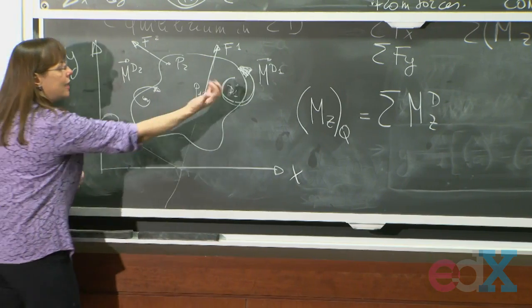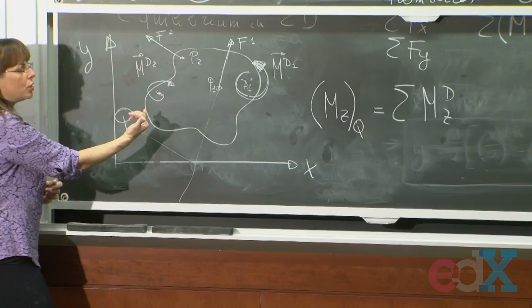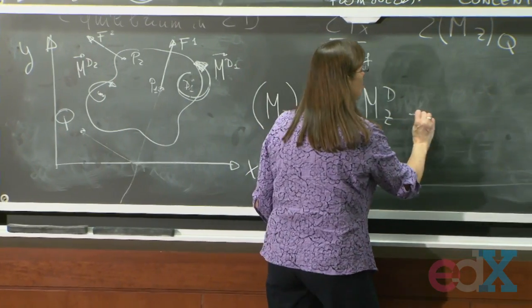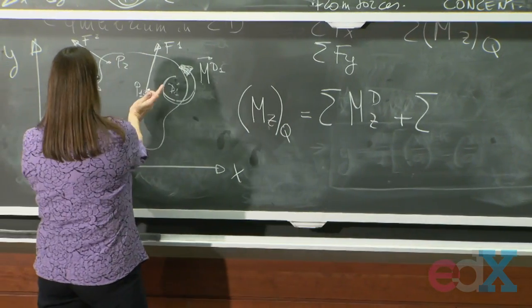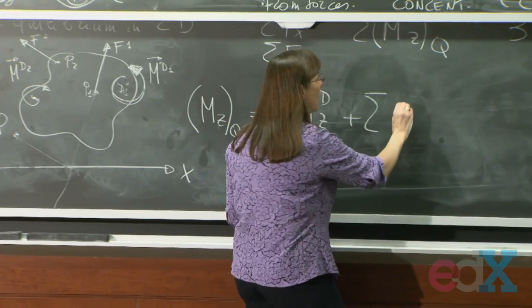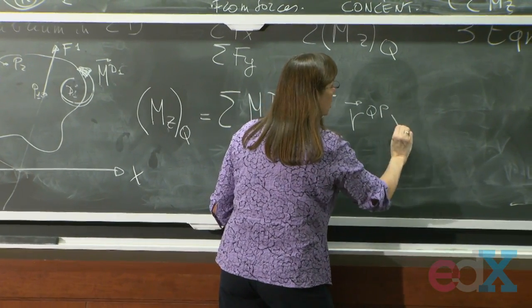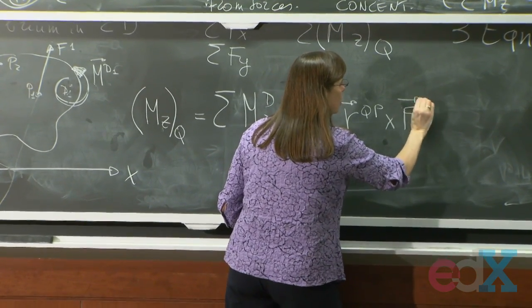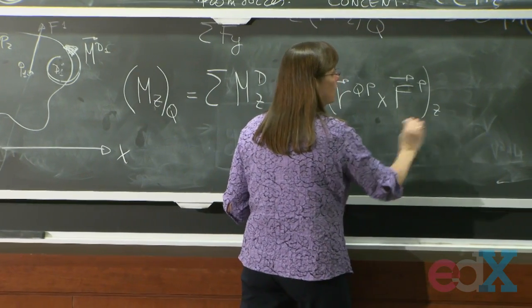Wherever they are, they sum in. This is going to be plus, this is going to be minus, because I'm summing into the z direction. Plus, I'm going to sum all the R_QP cross F at P. So this is the vectorial thing, so the z component of this.